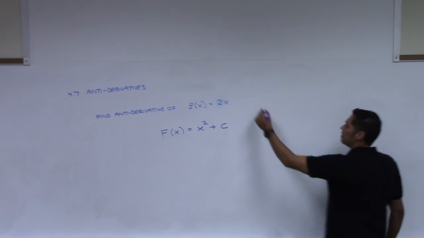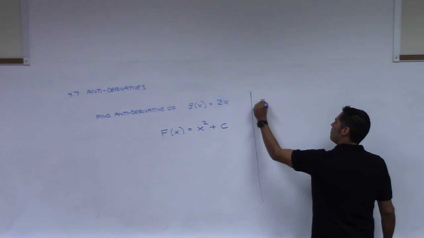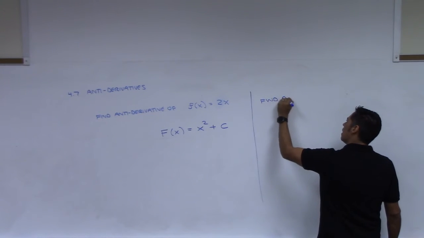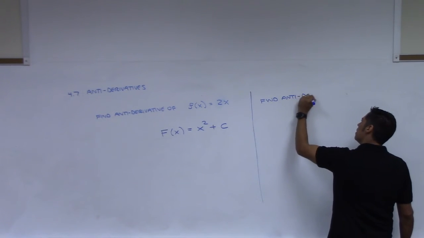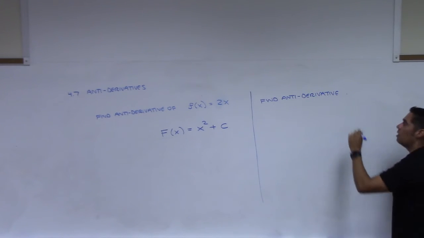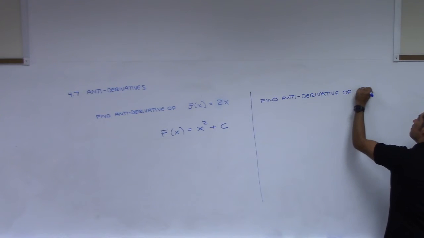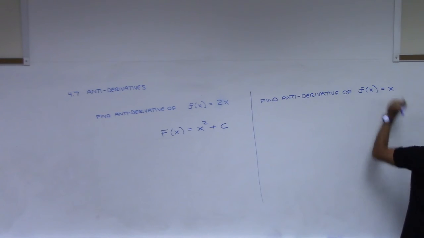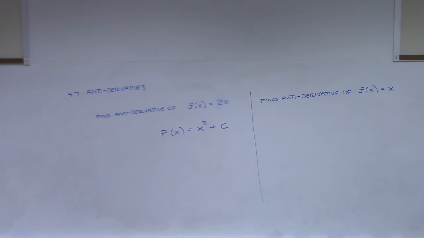So let's try something else. Find the antiderivative of f of x equals, how about just x, not 2x?